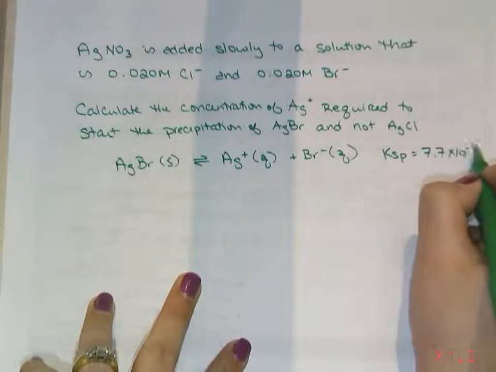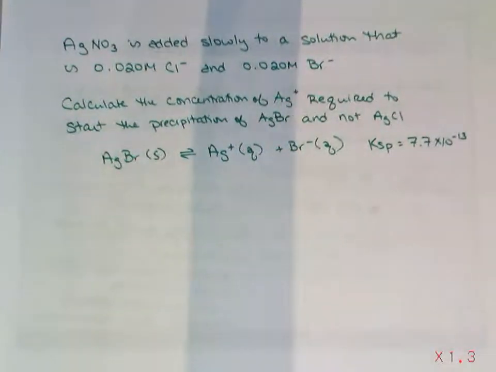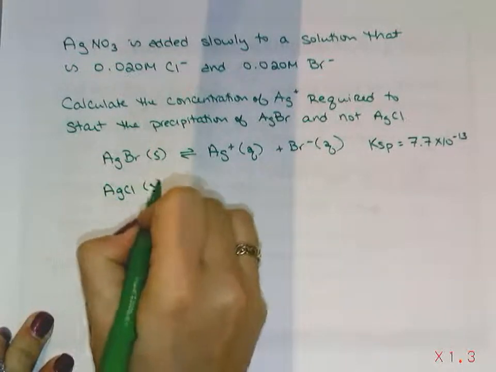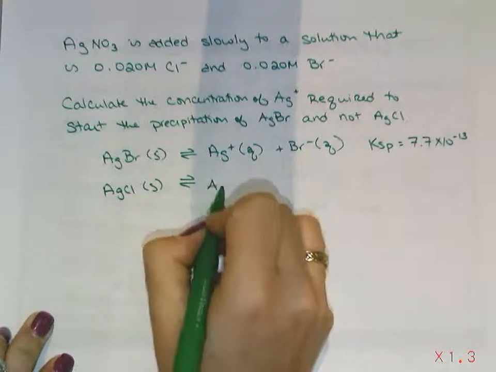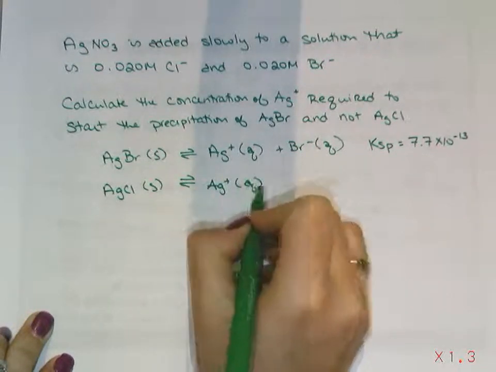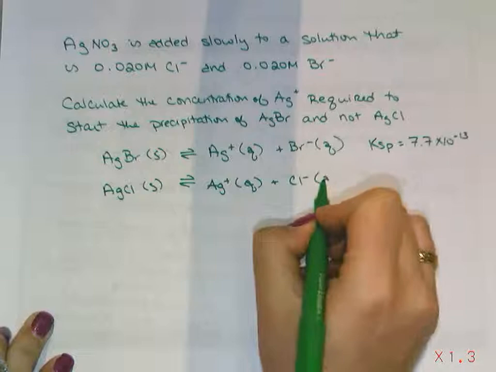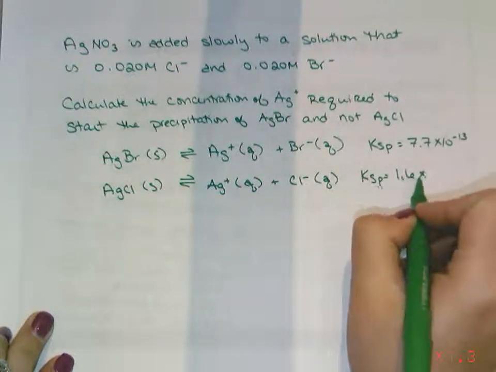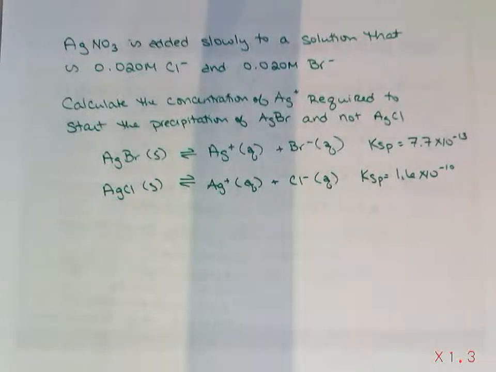So the KSP for that reaction is 7.7 times 10 to the negative 13th. Our other reaction has a KSP of 1.6 times 10 to the negative 10th.